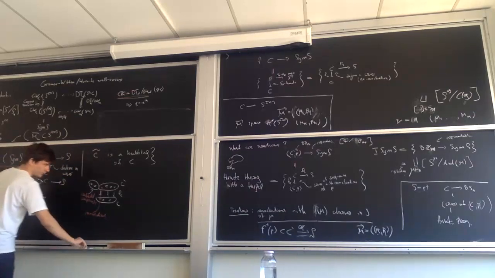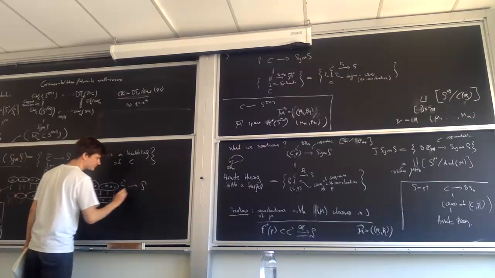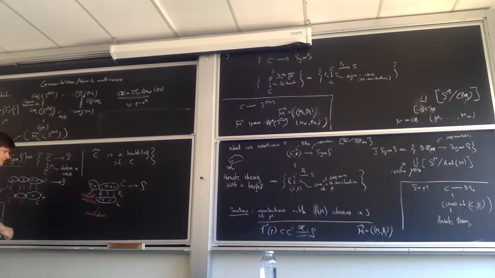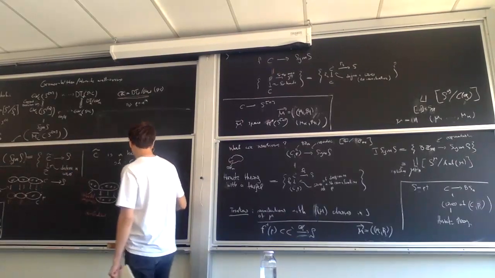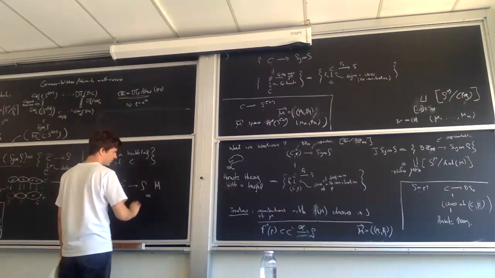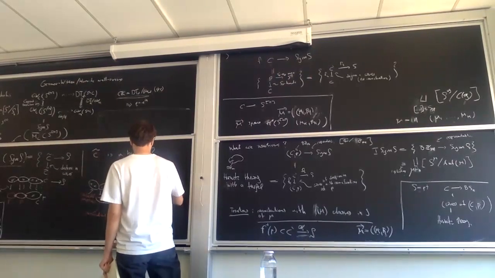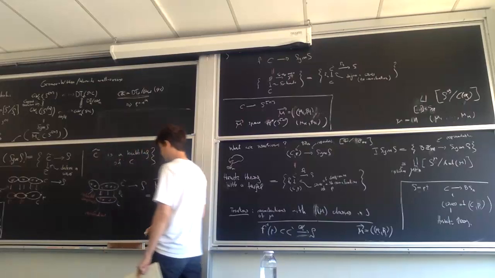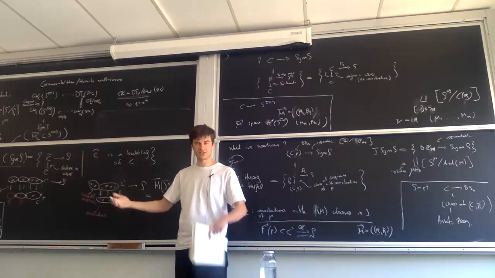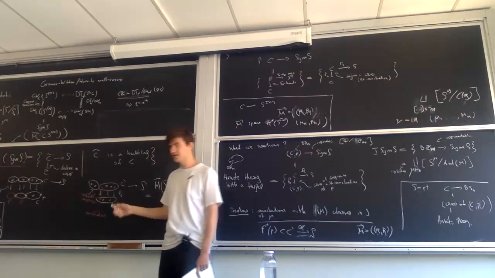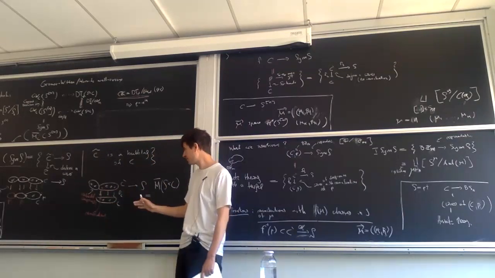But what is this data? Well, this is exactly the same as considering the Gromov-Witten theory of S times C. So you don't have any conditions now on your map. It can be as degenerate as possible. You have a fixed C. You forget about its bubbling.